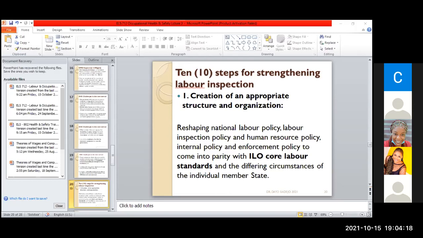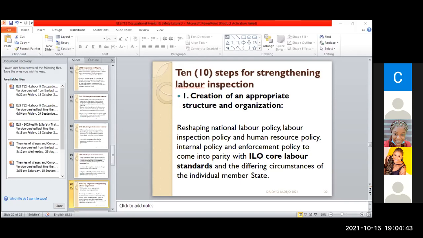As I've said, there are global standards and conventions that we even sign into as a country. And this is what made the difference between us and developed countries, where they pay attention to each of these standards. That's what made the difference between individual member states. It's not only to sign a convention; how do we domesticate it? How do we make them functional?